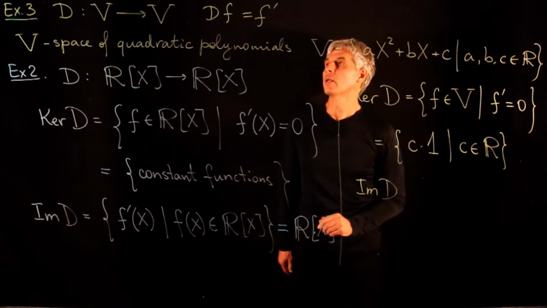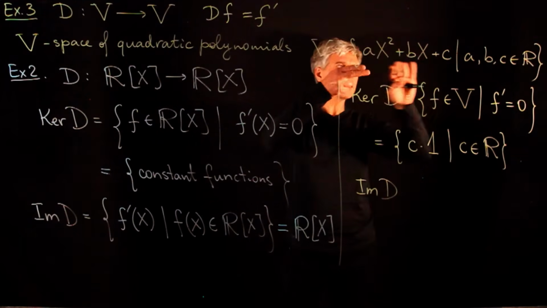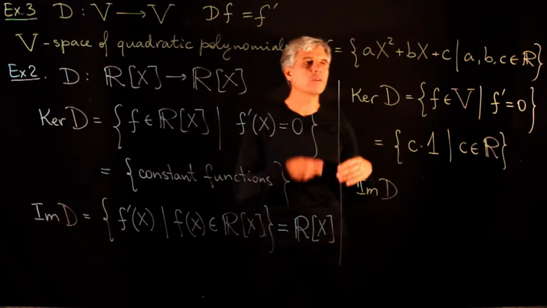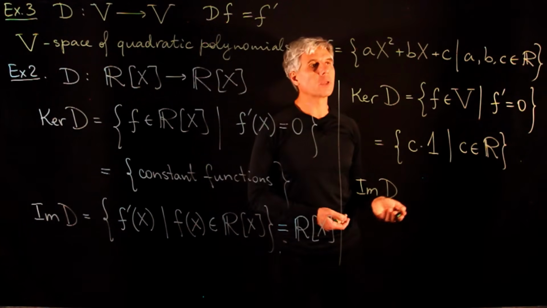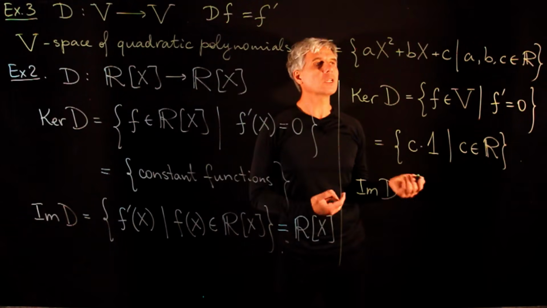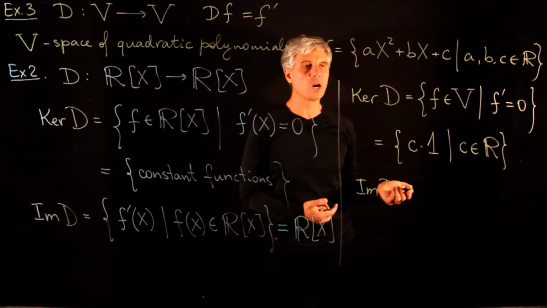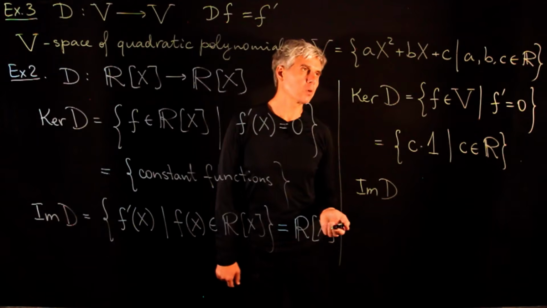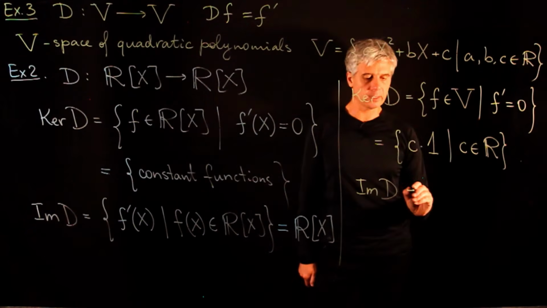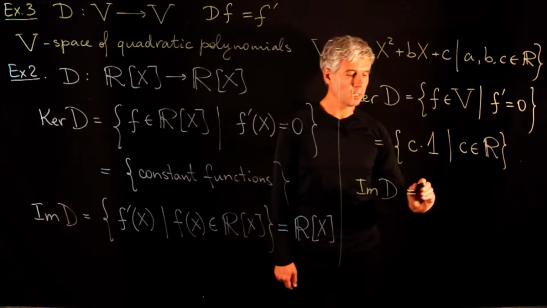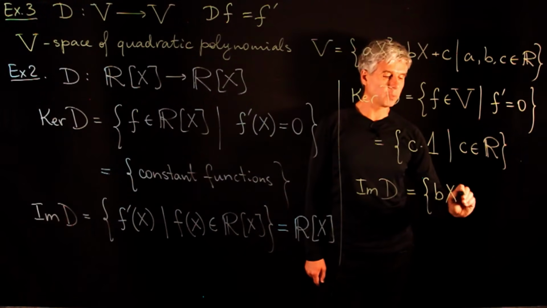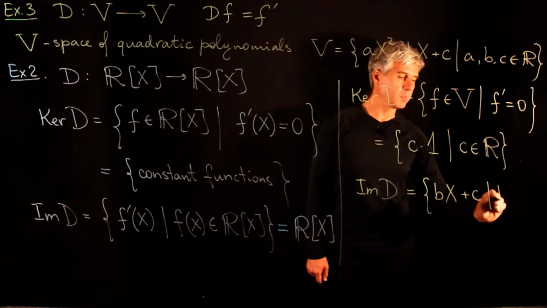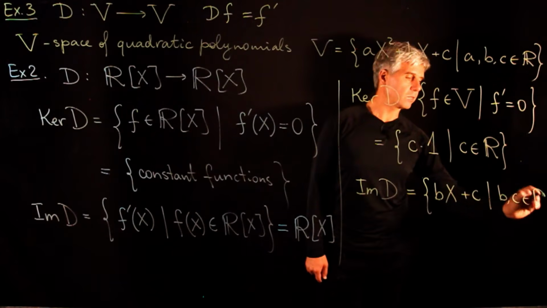So now we take all quadratic polynomials and differentiate them. When we differentiate a quadratic polynomial, what we can get is only a polynomial of degree at most 1. And so what we see is that the image of D is going to be the set of polynomials of the form bx plus c, where b and c run over real numbers.